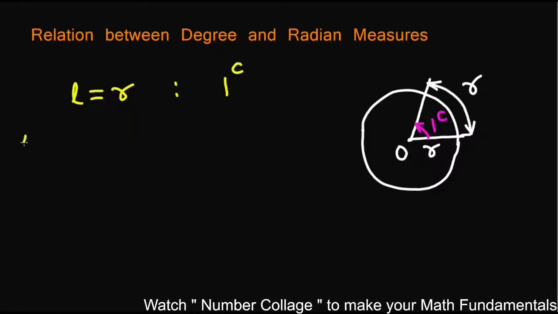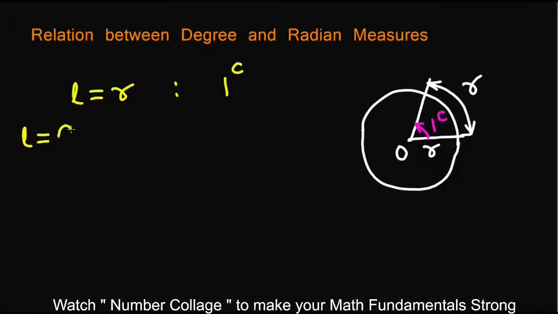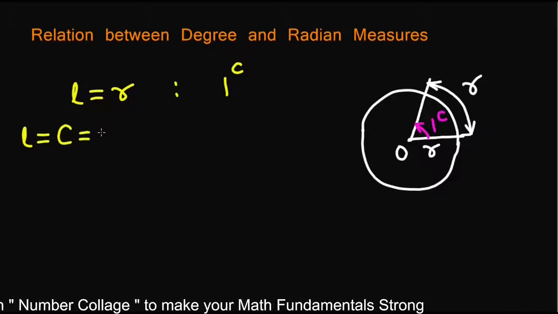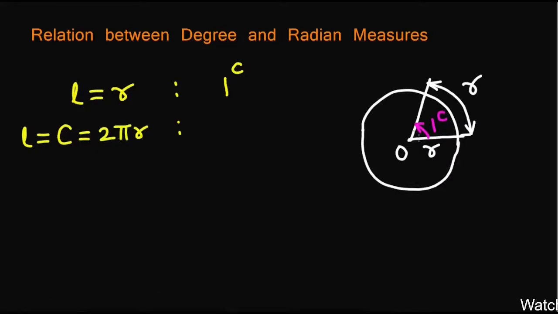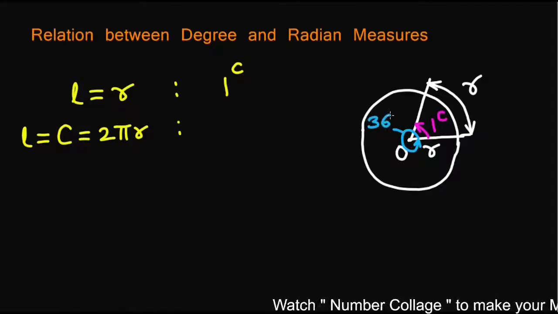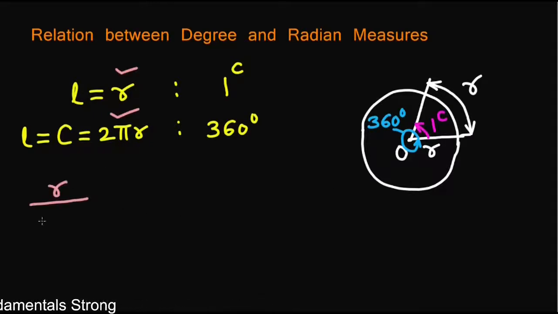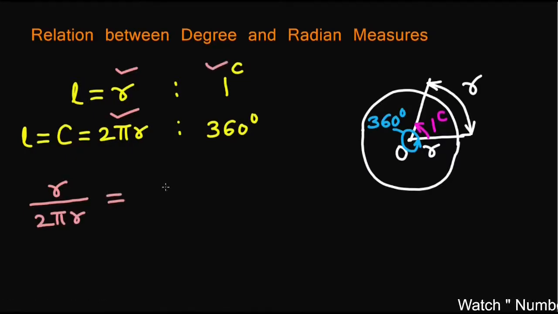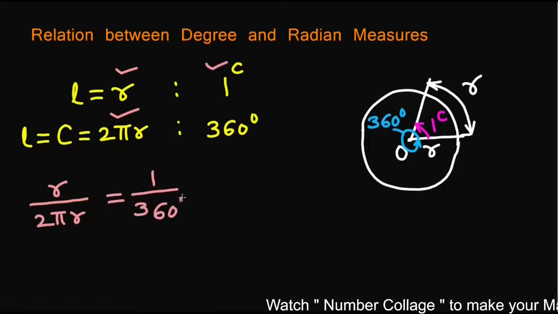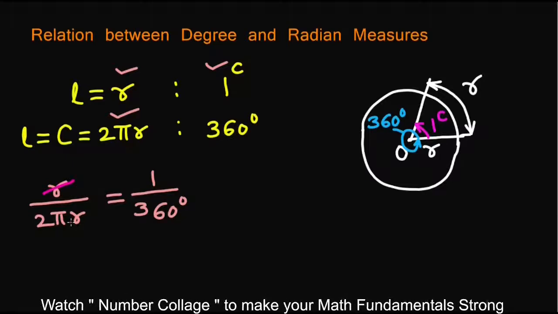And when the length of the arc equals the circumference of the circle, which is 2 pi r, the angle made at the center of the circle is 360 degrees. Taking ratios, we write r upon 2 pi r equals 1 upon 360 degrees. This r gets cancelled.